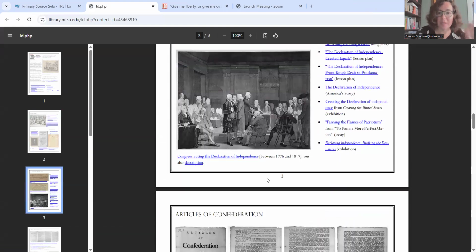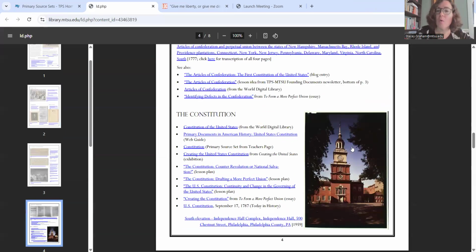Maps is one of my favorite things to use, or you can find modern day photographs of buildings that were created and were there at the time that are still there today. So modern images of architecture from the 18th century are a great primary source that you can use with your students. And so those are just a few tips.